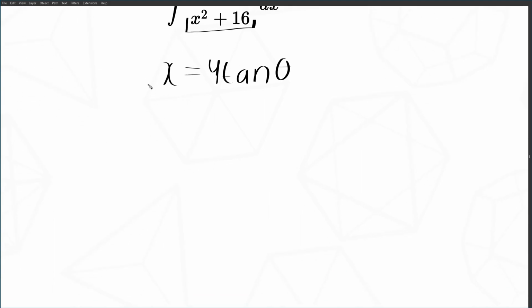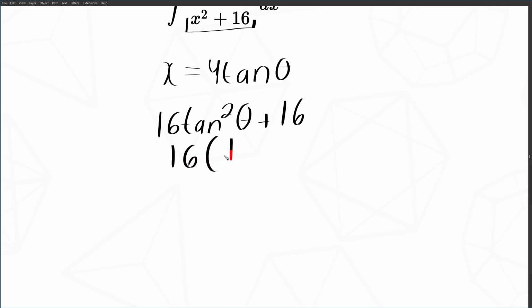Okay, so squaring 4 tangent theta in the denominator, we're going to have 16 tangent squared of theta plus 16. Factoring the 16, we're going to have tangent squared theta plus 1.